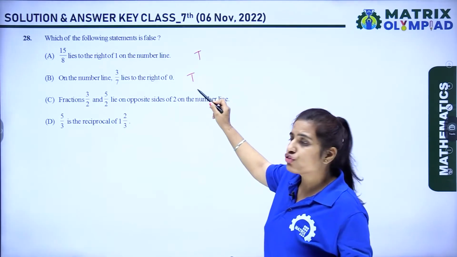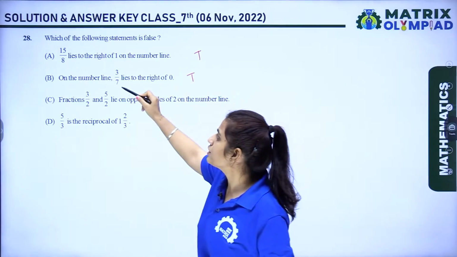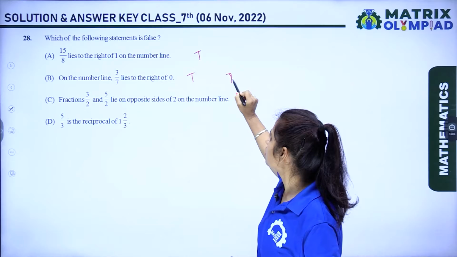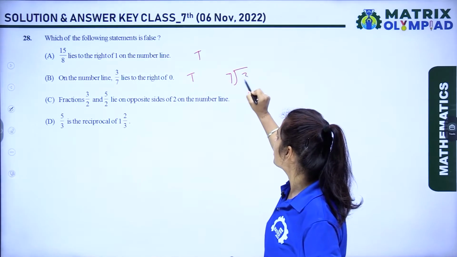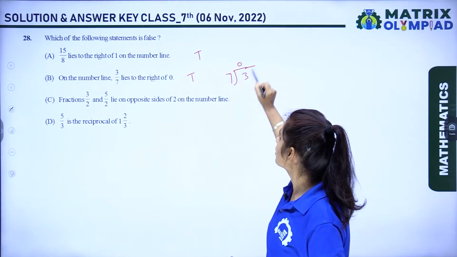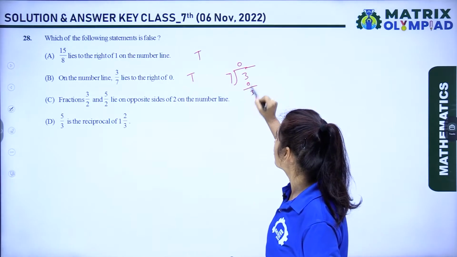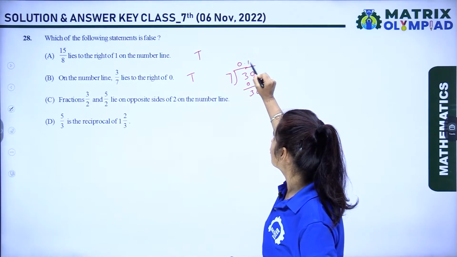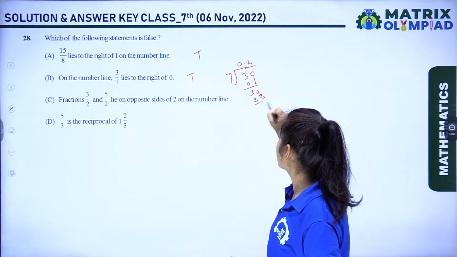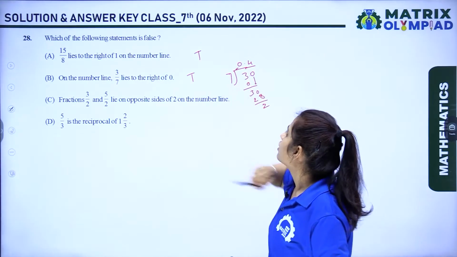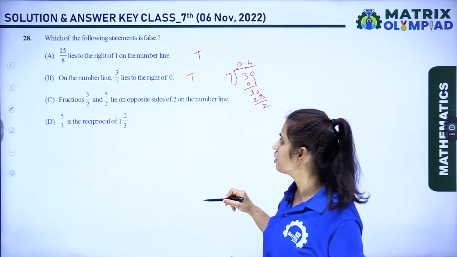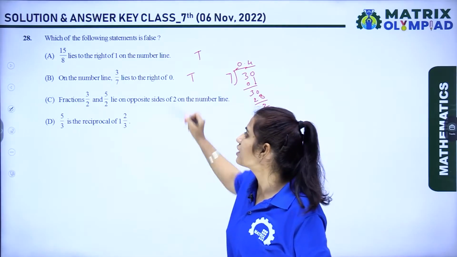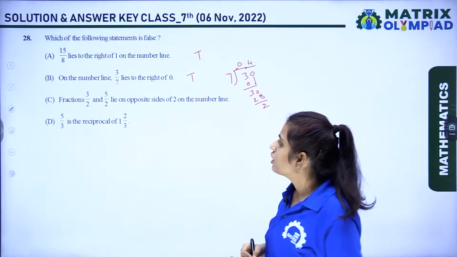If we want to check, we can easily calculate it. 3 divided by 7, we get 0.4. So 0.4 is on the right side of 0. So this statement is also true.